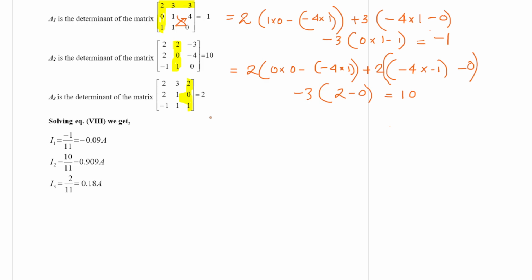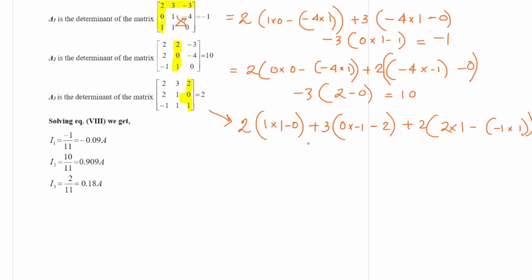And lastly, if you solve delta 3, the determinant of this matrix, 2 into 1 into 1 minus 0 plus 3, 0 into minus 1 minus 2, plus 2, that is 2 into 1 minus 1 into 1. So if you solve this, you will get 2.